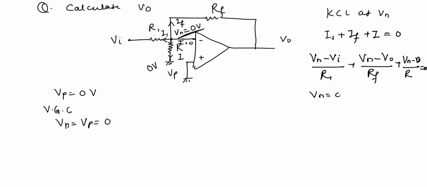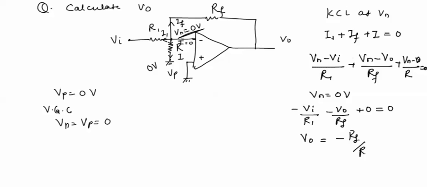We know that Vn equal to 0 volt, so minus Vi by R1 minus V0 by Rf, and if Vn is 0, this total term will be equal to 0. So from this expression we get V0 equal to minus Rf upon R1 into Vi.